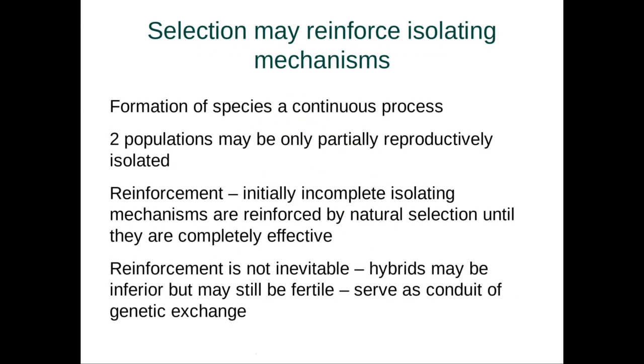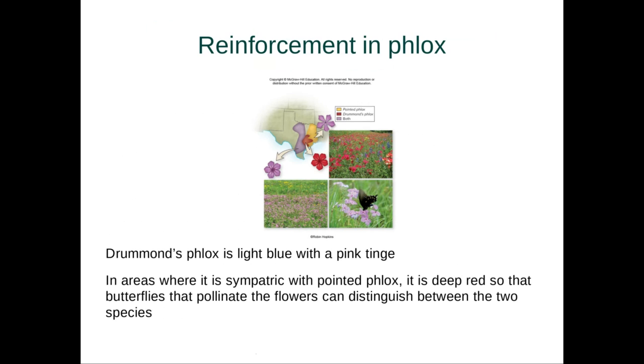So if you have a slight variation in mating calls, natural selection reinforces that mating call difference over time. Now, reinforcement, as I have been alluding to, is not inevitable. Hybrids might actually be inferior, but might still be fertile. It may actually serve as a conduit of genetic exchange between two distinct species, or two species that are becoming extinct.